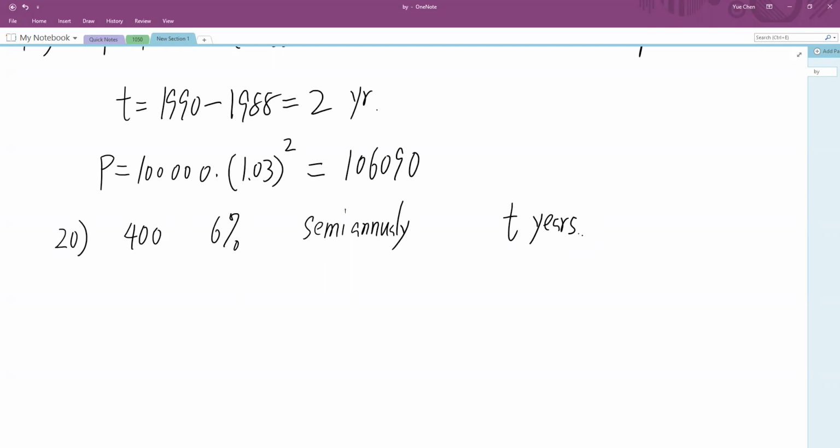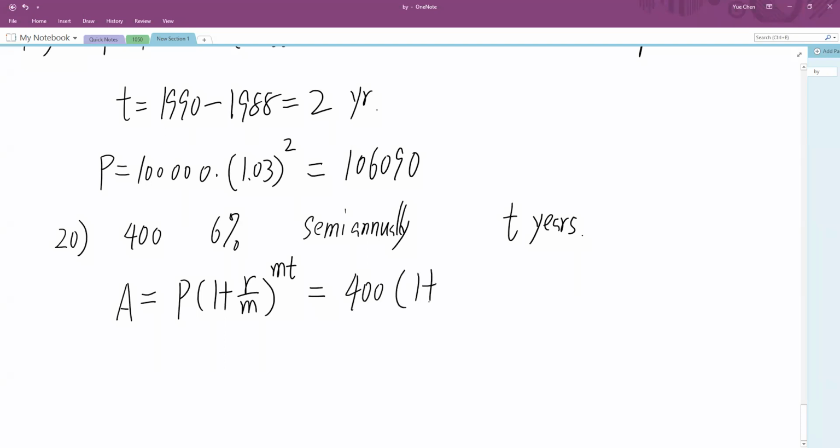So this is compounded semi-annually. We needed to use this formula: A equals P times 1 plus R over M to the M times T, right? So P is 400, times 1 plus R is 0.06 over M equals 2, and the 2T.